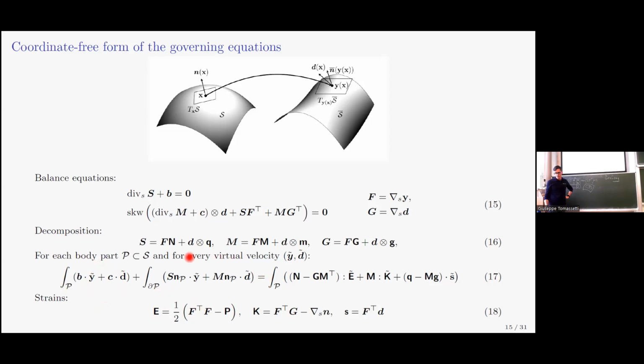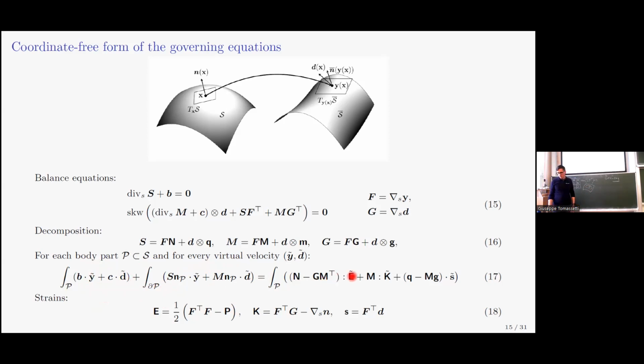In this second term, we have an integral over the boundary of P. And this is the work done by the forces and couples that the complement of P exerts on the part P. So it's again external if you consider only the part P.